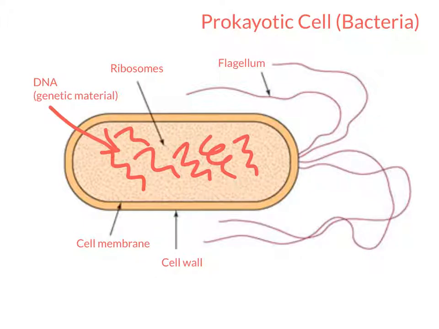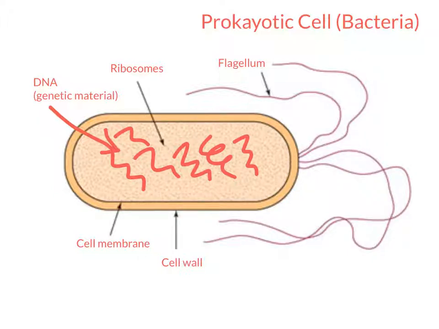Okay, and the last organelle, you'll notice I had to draw that in rather quickly, but you can just draw some little squiggles inside of your prokaryotic cell, and that's supposed to represent the DNA or the genetic material inside the cell. Now prokaryotic cells just have their genetic material floating around anywhere inside the cell, whereas in plant and animal cells, the DNA or genetic material is stored inside of the nucleus.